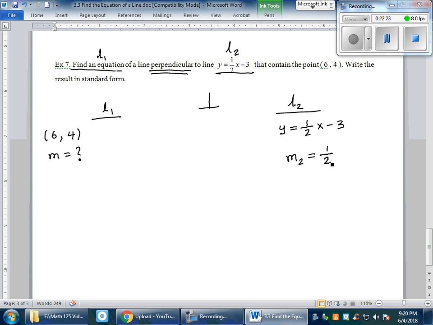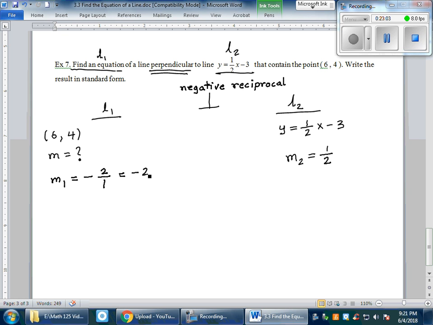So if they are perpendicular, the slopes are negative reciprocals. Right? So that means my slope 1 will be equal to the negative reciprocal of slope 2, which is the reciprocal of a half, 2 over 1, so which is negative 2.